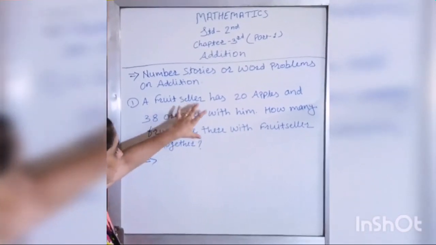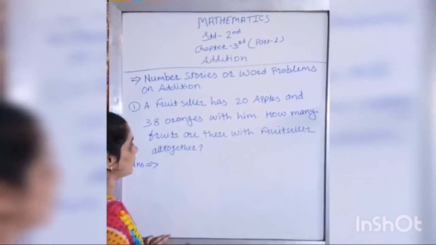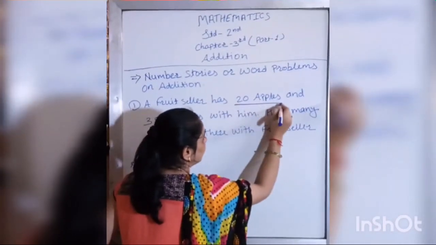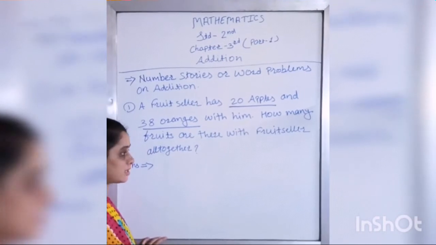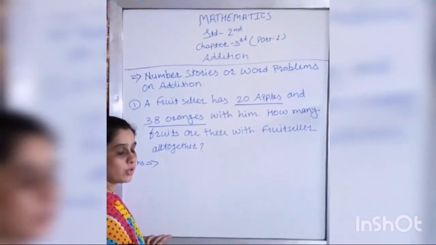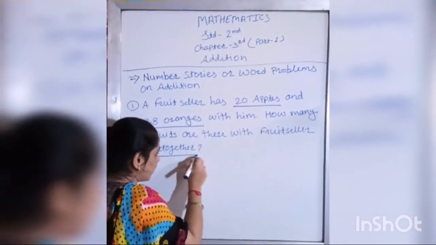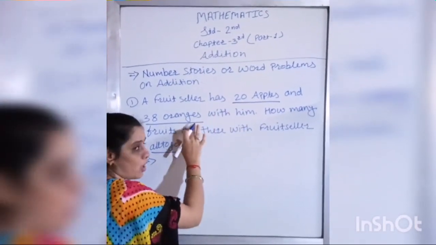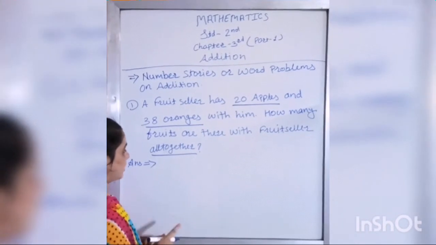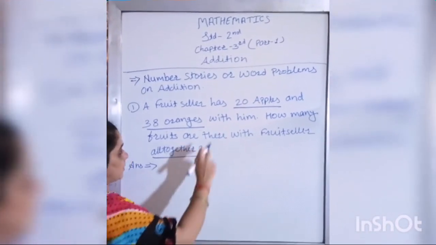From this question, we get the information about the number of apples and the number of oranges. What do we have to do here? All together means total number of fruits. That means addition.